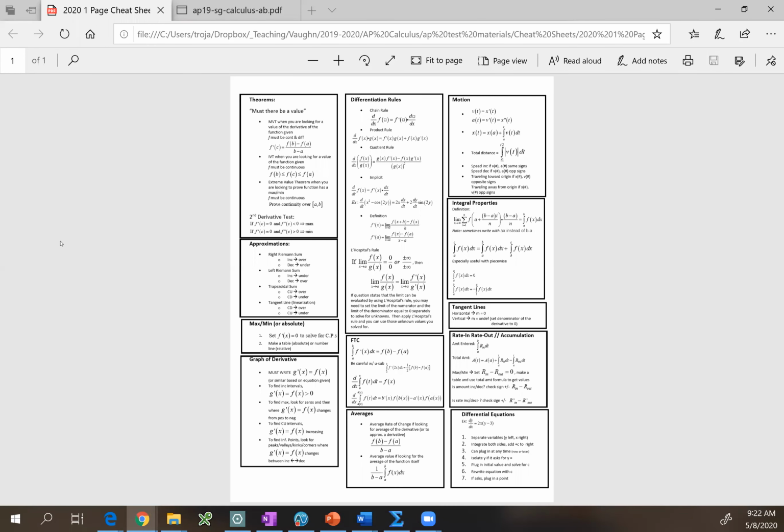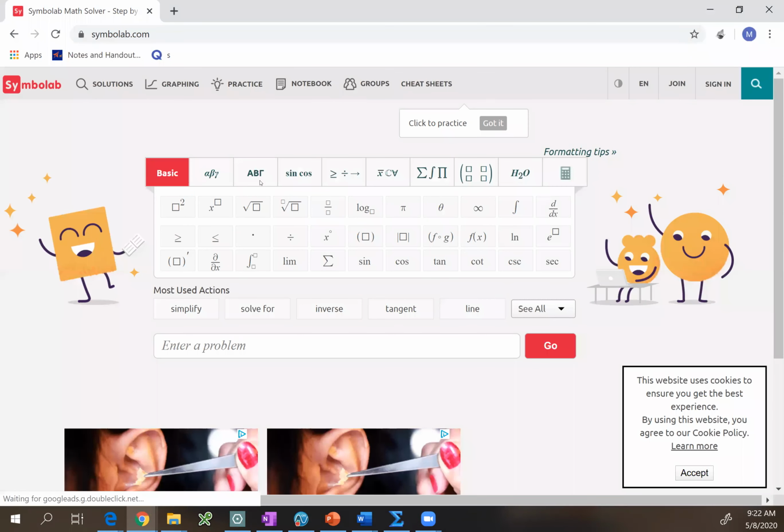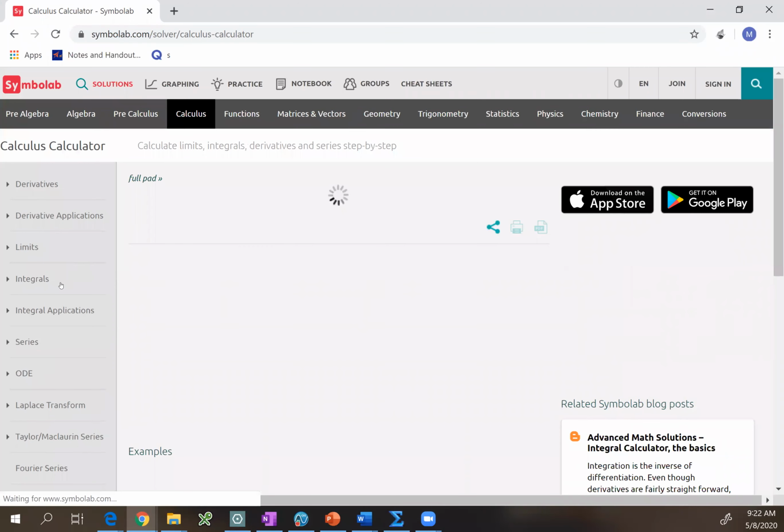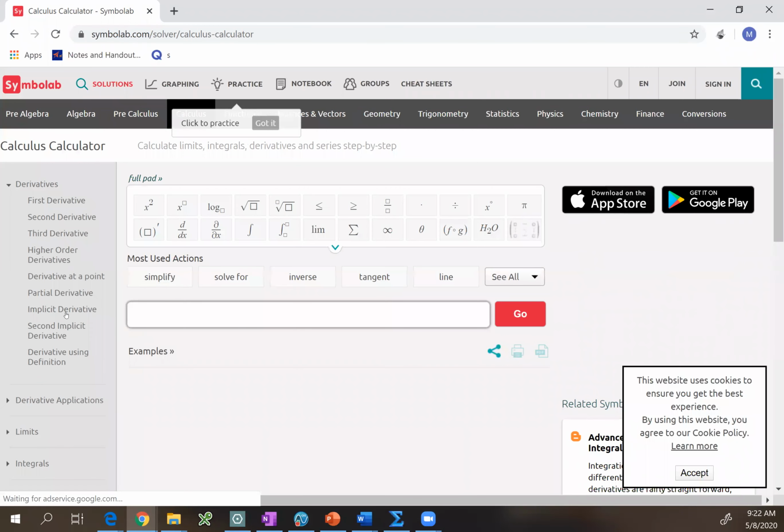Now, one thing I do want us to really know is there is this website Symbolab. There's also Wolfram Alpha. You don't have a whole lot of time on your AP exam, but at the same time, this can be a very valuable source, but you need to at least show some of your work. So Symbolab has a really cool thing, which is that it can do implicit derivatives.